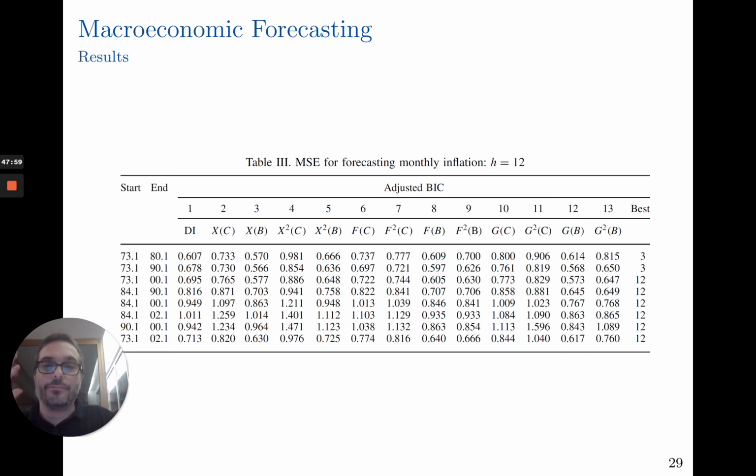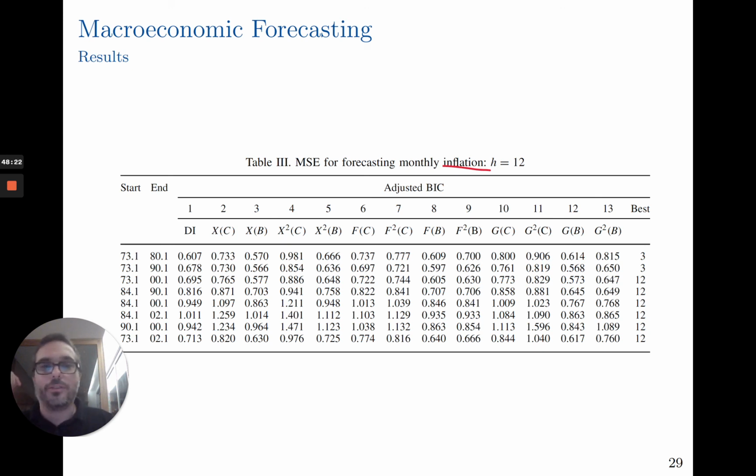So those are the results, and for inflation, basically what we want is to minimize the adjusted BIC. So here is what they found.